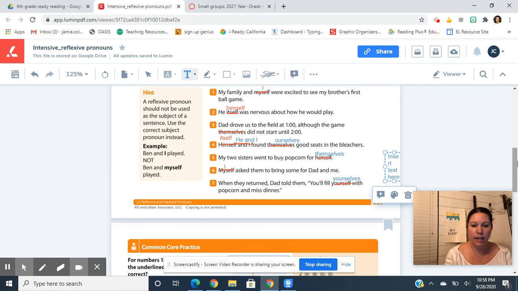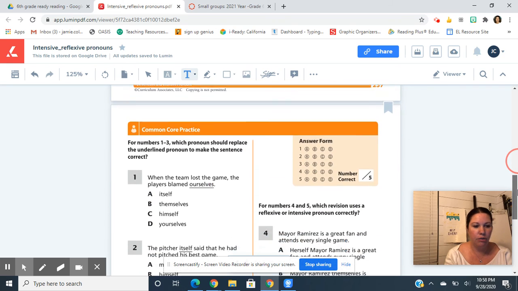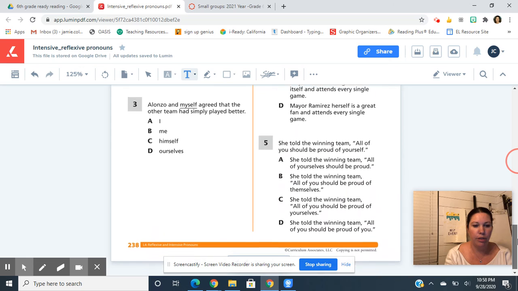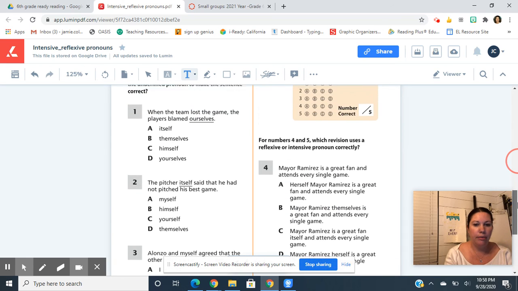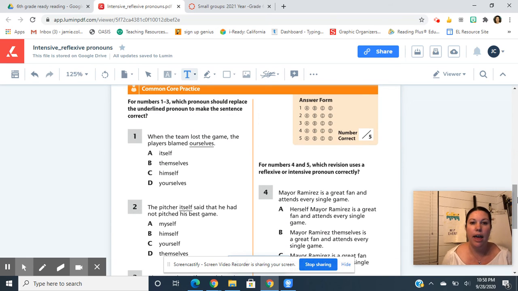Excellent. So that's done. What you're going to do is you're going to do questions 1 through 5. I will have uploaded the answer key for you in the assignment so you can check your answers. But you definitely want to choose the correct pronoun to replace the underlined pronoun, okay? So like for number 1, when the team lost the game, the players blamed ourselves.